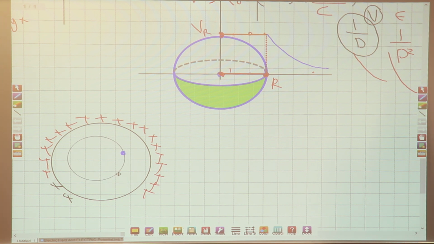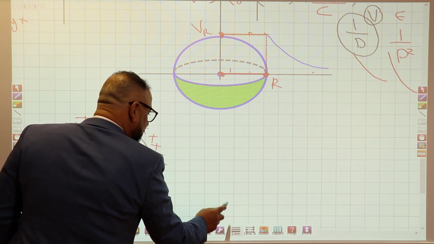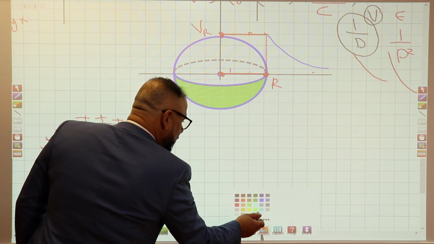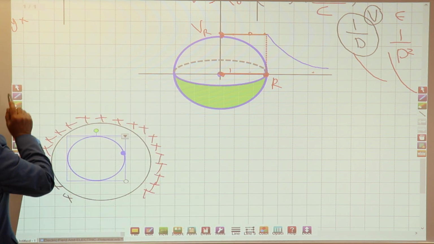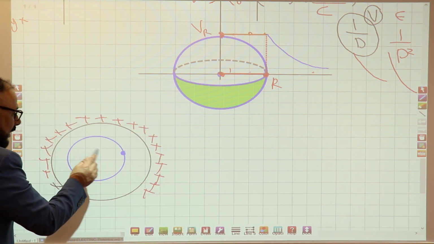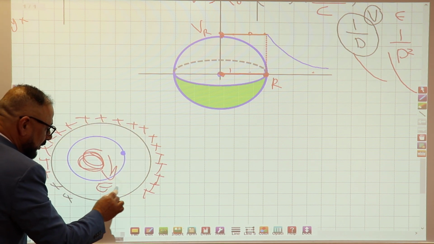Okay, this is my Gauss surface. You see the Gauss surface here? And I have to look if I have any charge inside. Do you have any charge inside this? No charge, so E equals 0.